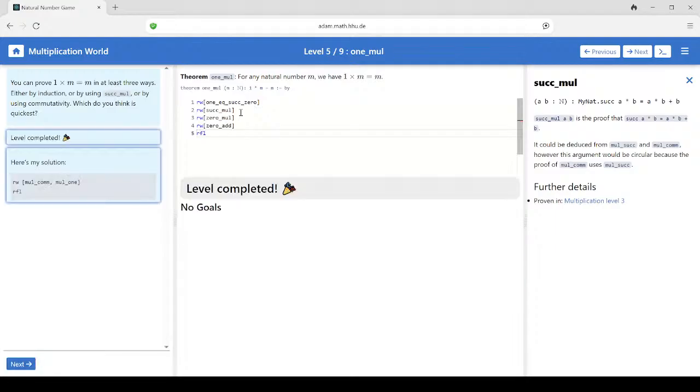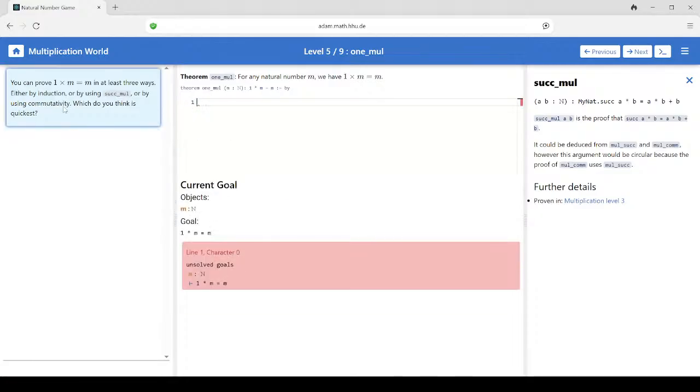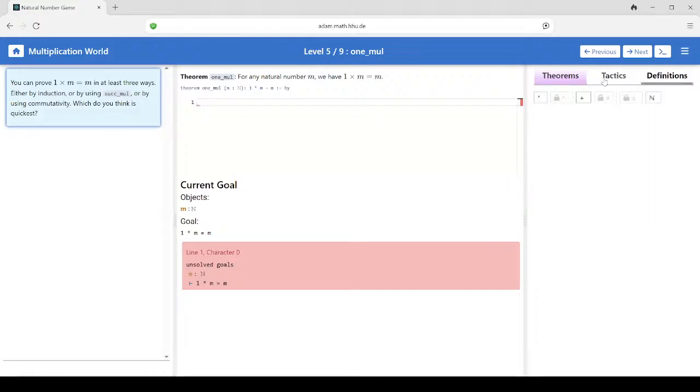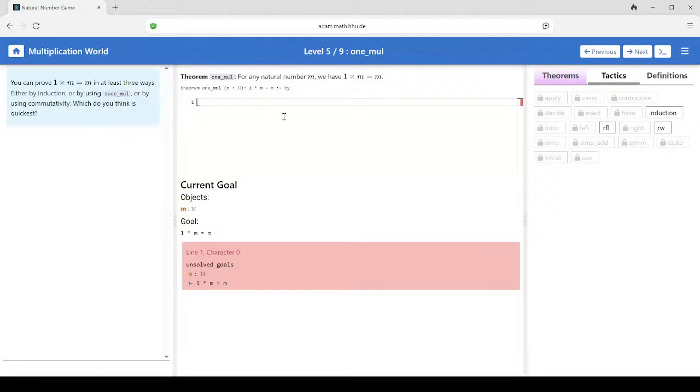And that's that. Now this one is a bit longer, so far my theory that commutativity is the quickest is holding, but let's try the last one. You can prove it by induction, which I think always takes a little bit, so I think I'm correct that commutativity is the quickest one. But let's try this.